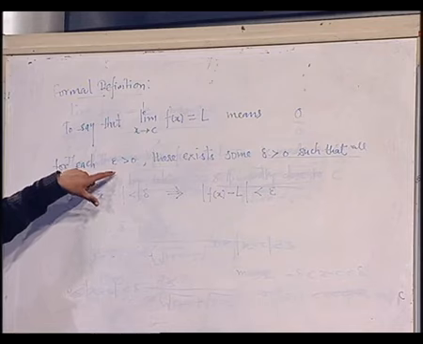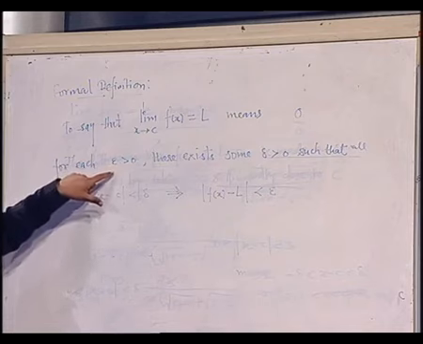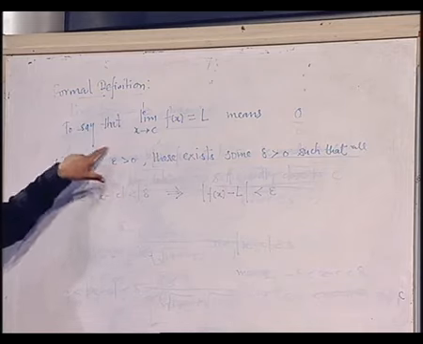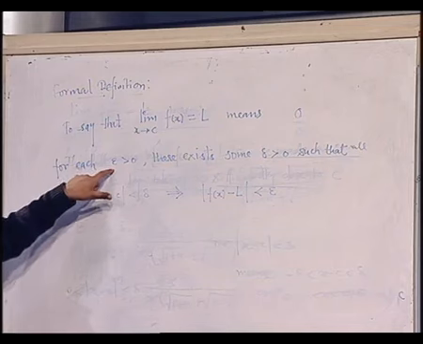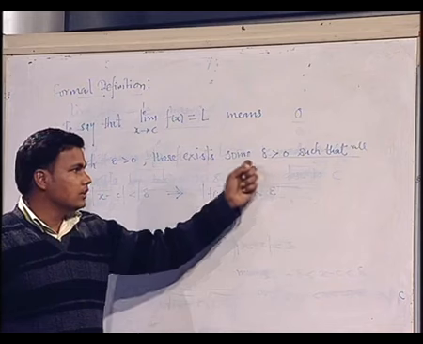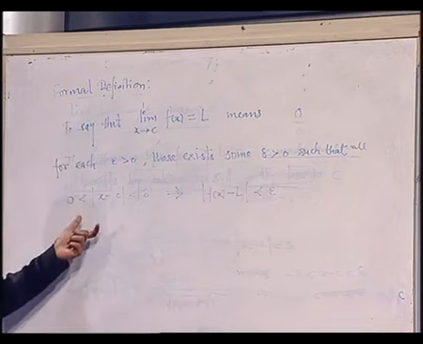The choice of epsilon depends on us. We can choose epsilon as small as possible, however it should be positive. Then corresponding to that epsilon, we will certainly find at least one delta that will satisfy this condition.